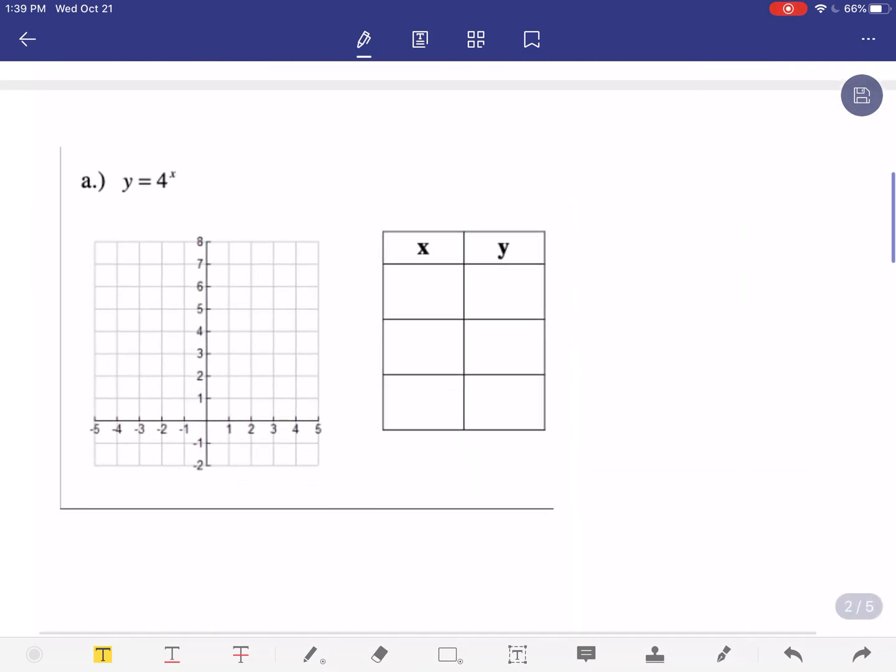Our first example, y equals 4 to the x power. To choose some numbers to plug into the equation for x, it's a good idea to use some nice ones like -1, 0, and 1. If we're looking at this equation, the 4 represents b.